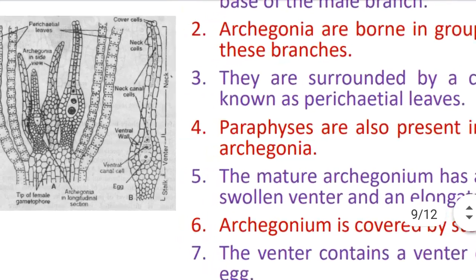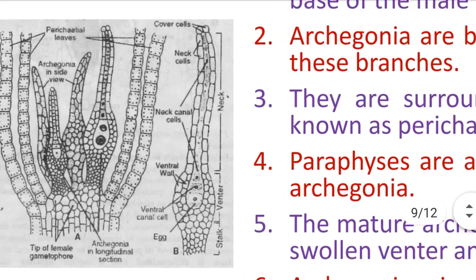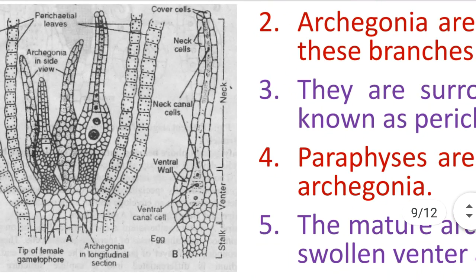Okay, see the enlarged diagram of the archegonium. See diagram B. A basal swollen structure is there and an upper neck is there. So the single archegonium is a flask-shaped structure. Basal venter, upper neck, and at the base there is a small stalk.